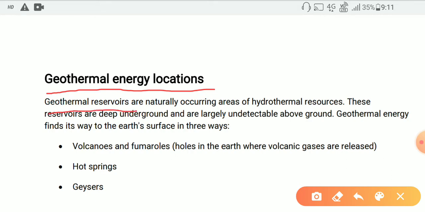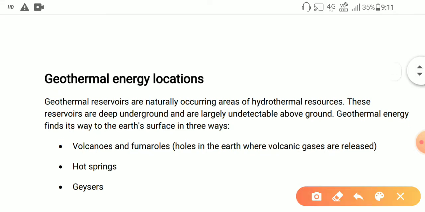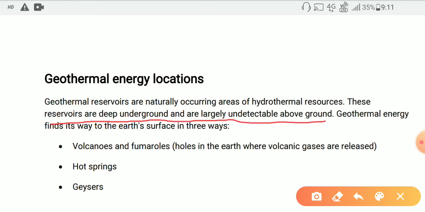Geothermal reservoirs are naturally occurring areas for hydrothermal reserves. That means it is not man-made, it is naturally present, and we have to identify that particular location. These reservoirs are deep underground and are largely undetectable from above the ground.